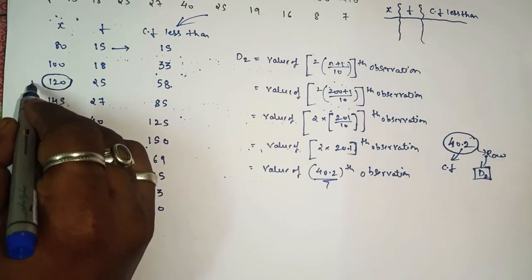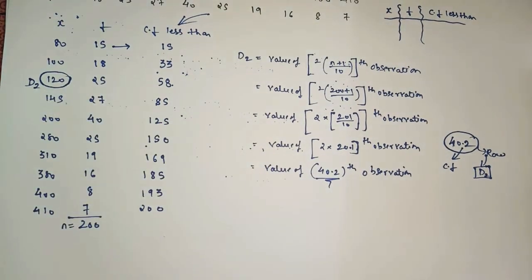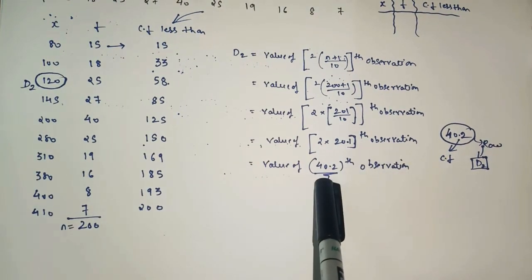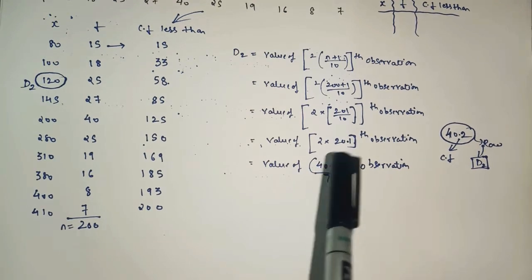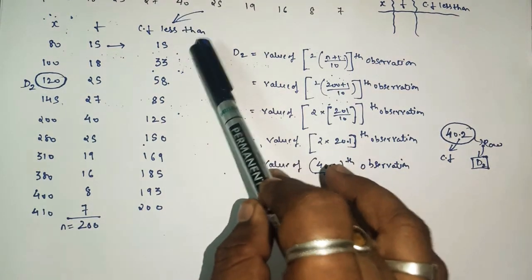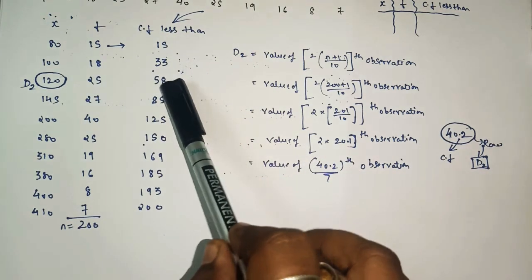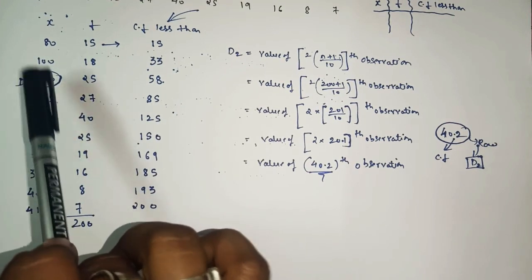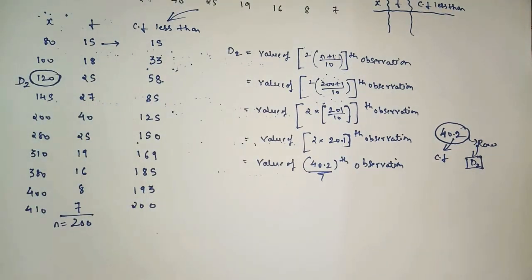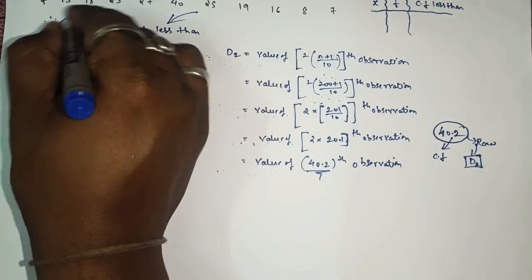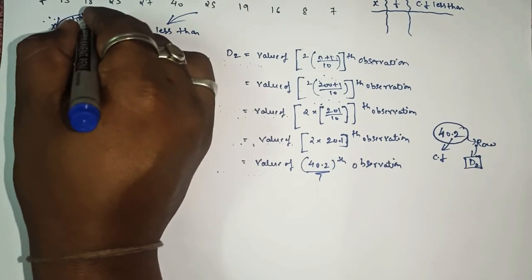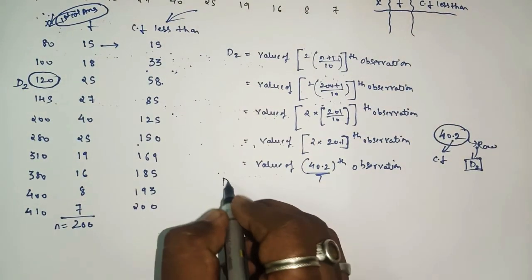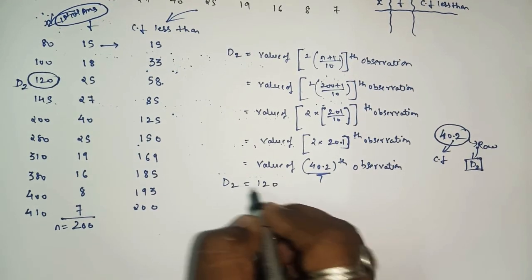So this value is known as the value of D2. Got the point? Once again I will explain. After getting the answer, simply take this value and check in the cumulative frequency in which row it lies. That row will be the answer for D2. So where will the answer lie? It will lie in the first column. Got the point? So here we got the answer of D2 is 120.